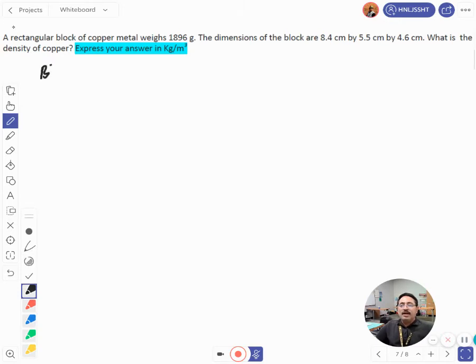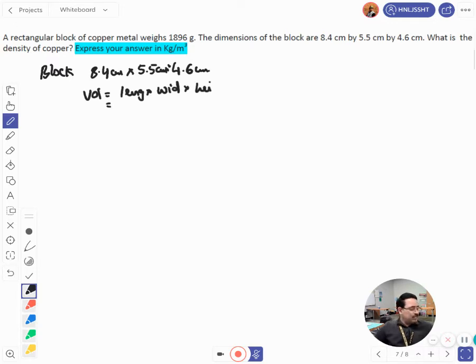Okay. So a rectangular block of copper metal weighs 1896 grams. The dimensions of the block are 8.4 centimeters by 5.5 centimeters by 4.6 centimeters. You know how to find the volume. Therefore, the volume is length times width times height.